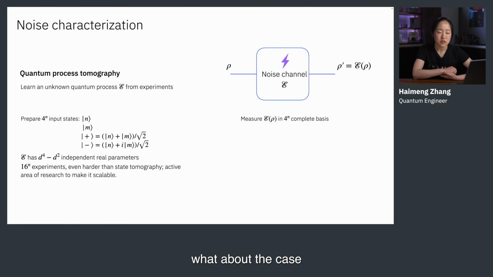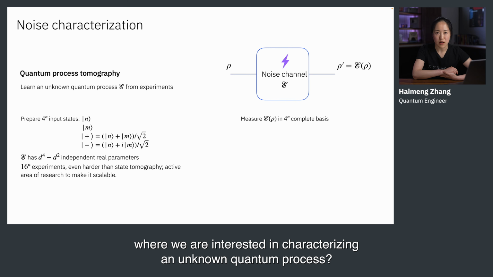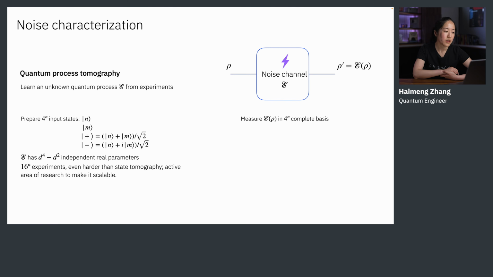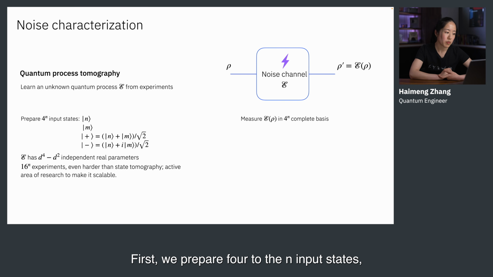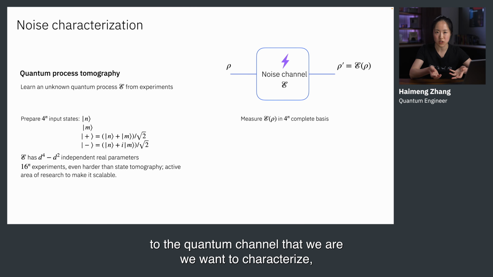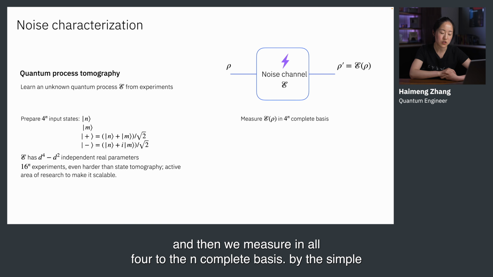What about the case where we are interested in characterizing an unknown quantum process? It turns out the procedure is the following. First, we prepare 4^n input states, and then we pass them through the quantum channel that we want to characterize, and then we measure in all 4^n complete bases.